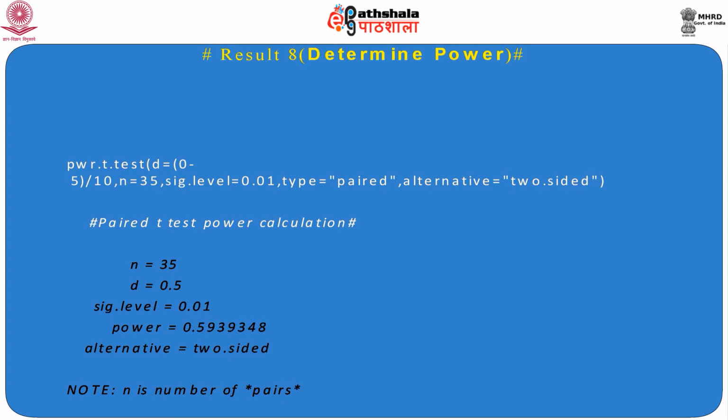Again type equals to paired has been considered, and alternative equal to two.sided is considered. So based on that we are getting our power as 59%, that is coming as 0.5939348, so it is quite less.